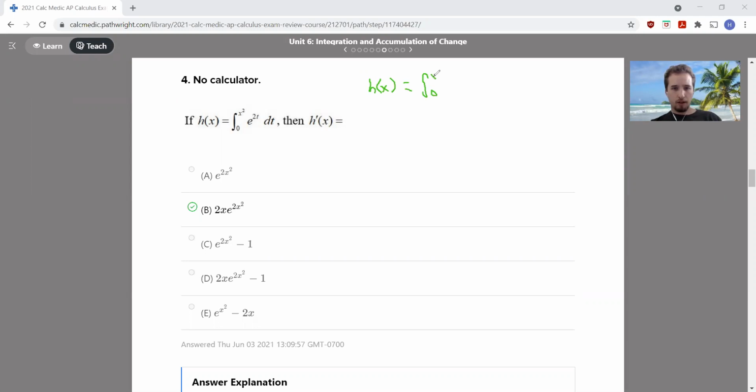This is just a fundamental theorem of calculus problem. E to the 2t. Okay, it wants to find h prime of x, which is just going to be the derivative.